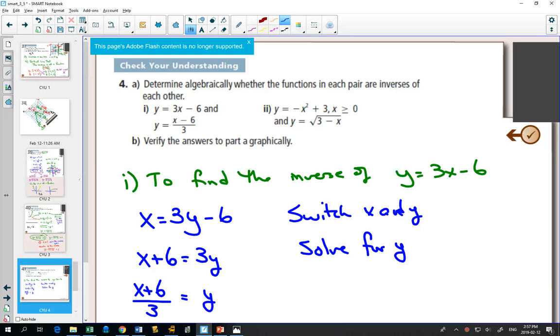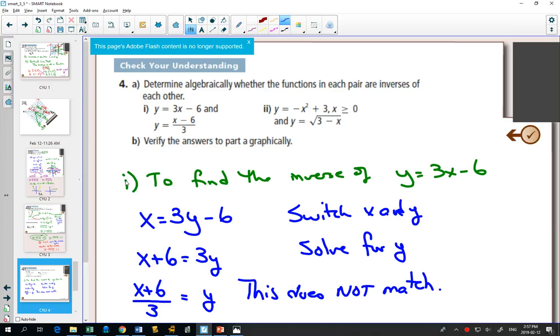Does that match with what they wanted? No. So in the first one, they are not inverses of each other. The second one has a restricted domain.